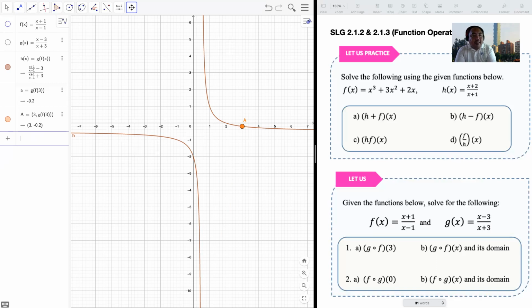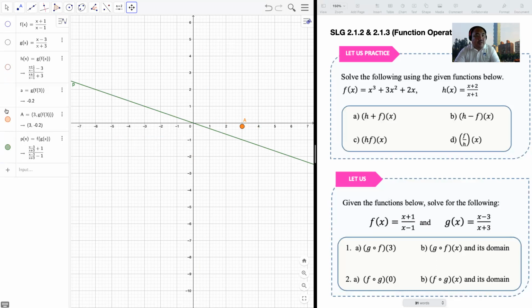So finally, we want to find out what is f circle g of 0. So what is f of g of x? Again, GeoGebra can give you f circle g of x. Let's mute this first. f of g of x.